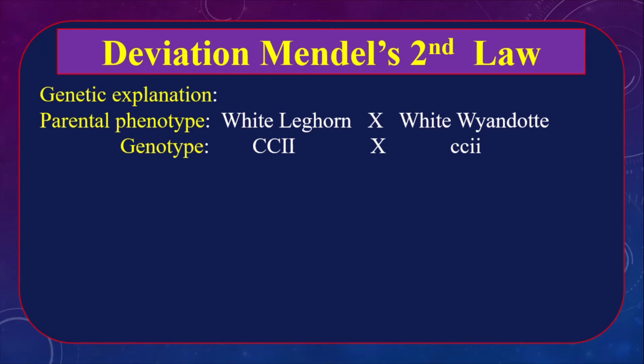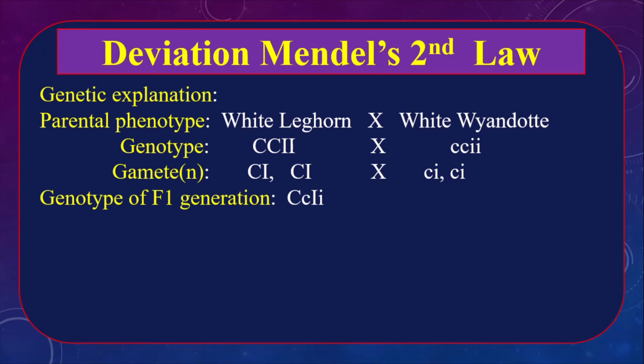Genotype: capital C capital C capital I capital I, and small c small c small i small i, but both colors will be white. Gamete, haploid: capital C capital I, capital C capital I, and on the other hand small c small i, small c small i.